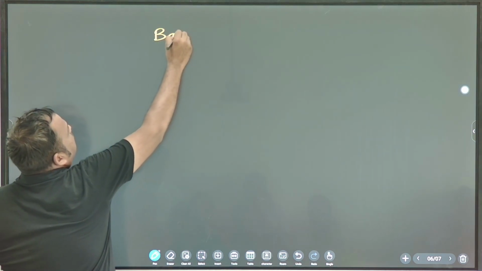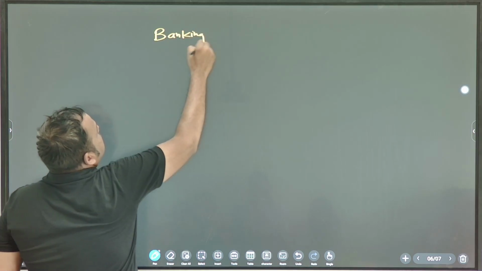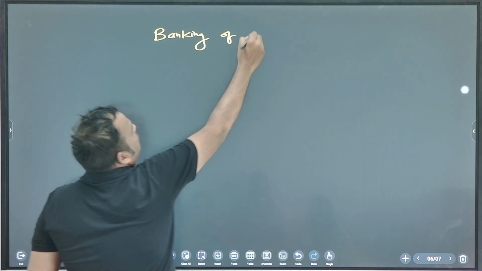Now we are doing banking of road. Note down. Banking of road. This is the last topic of friction.